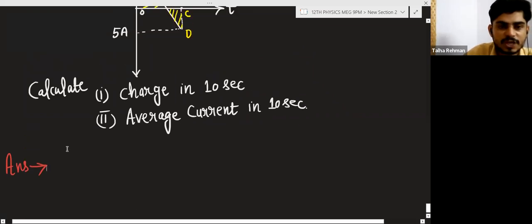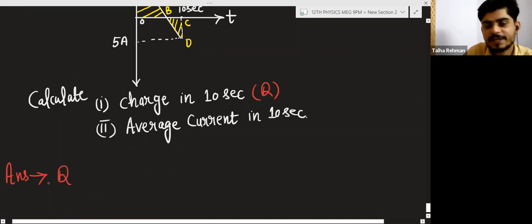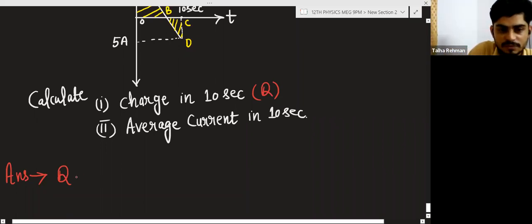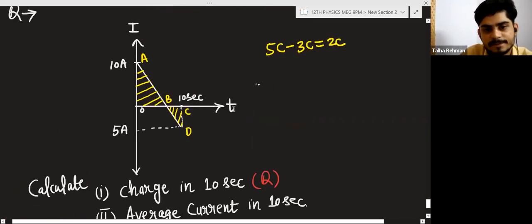So for the charge in 10 seconds, I am representing it with Q, or you can say I am representing it with delta Q also. Charge in 10 seconds means for a period of time they are asking. So charge is equal to area under I versus time graph.